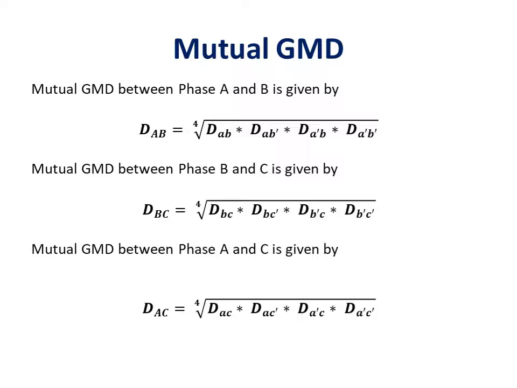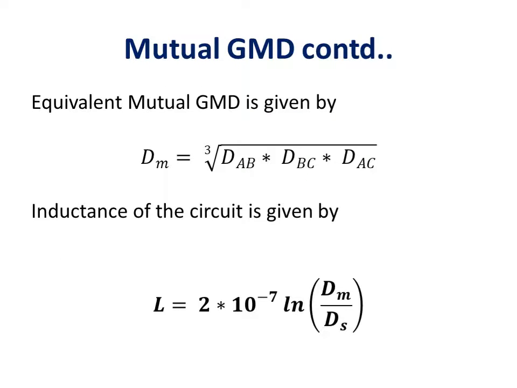Similarly, the mutual GMD between phase B and phase C is given by DBC, B dash C dash, B to C dash and B dash to C. Similarly, between A and C it is given by DAC, A dash C dash, A to C dash and A dash to C. The equivalent mutual GMD is given by the cube root of DAB into DBC into DAC, since 3 terms are involved.